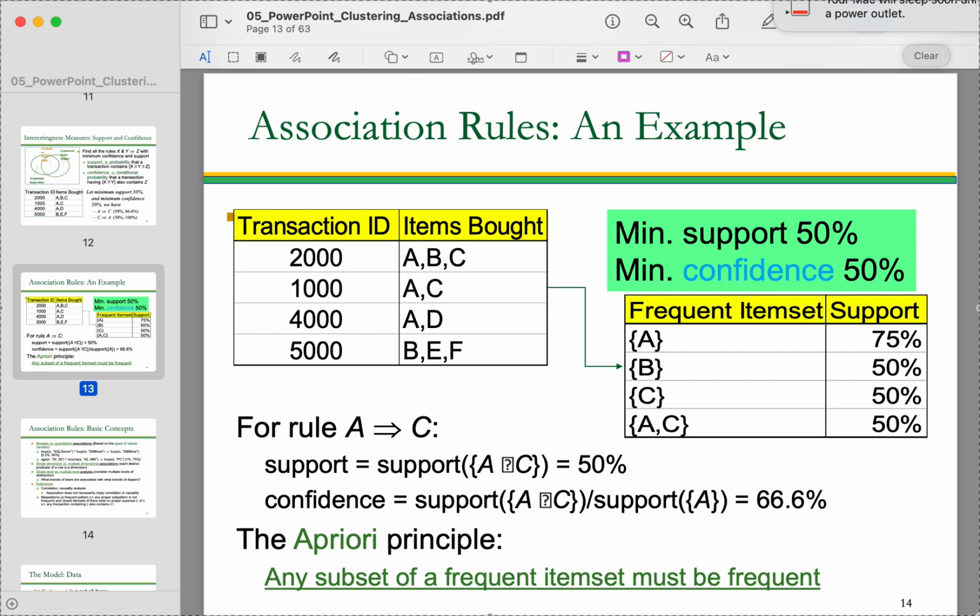So the rule here, from AC, we get a rule that says A implies C. Support is 50%, and confidence is the support divided by the left side of the rule.